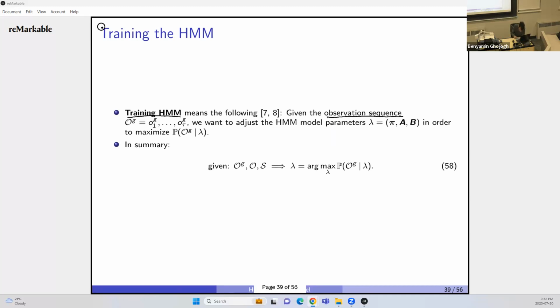Given the observation sequence O, we want to adjust the HMM model parameters, pi, A, and B, in order to maximize the probability of that observation sequence. So I have some observation sequence. What parameters of A, B, and pi can maximize this probability of occurrence of the observation? Which hidden Markov model, which lambda maximizes this?